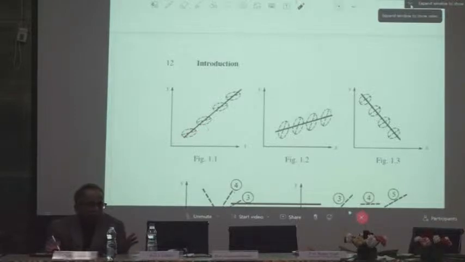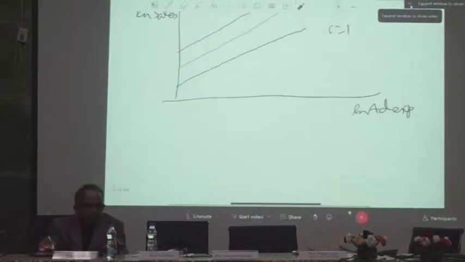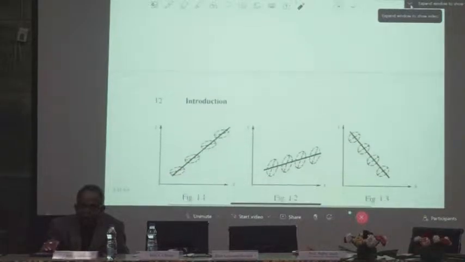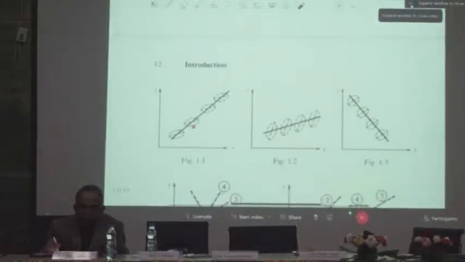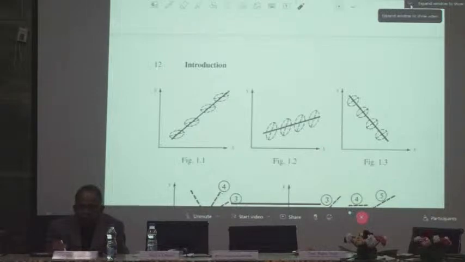That means this is for individual one or company one. And then similarly, you go to company 2, company 3 and company 4. So you can see from this that you can connect these things and say, well, these are heterogeneous intercepts.